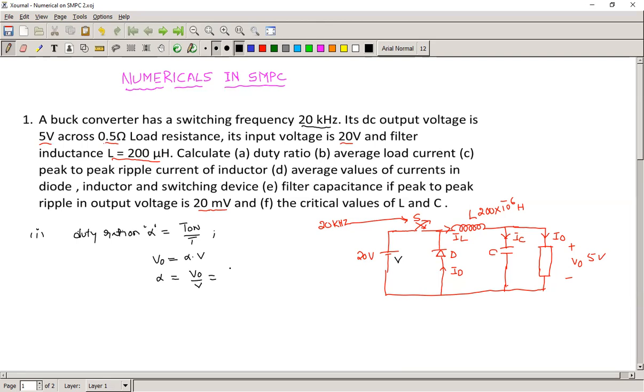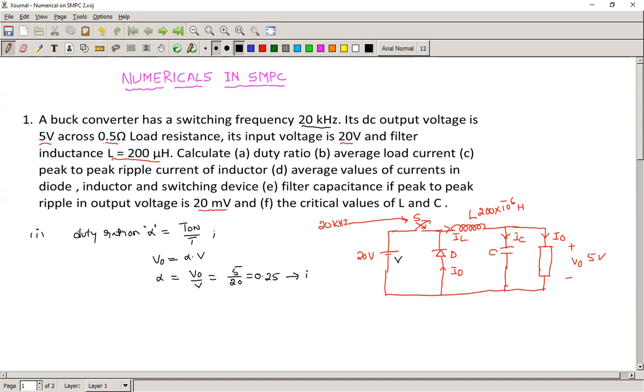This is equal to 5 volts by 20 volts. What value are we getting? Alpha equal to 0.25. The alpha value is 0.25.